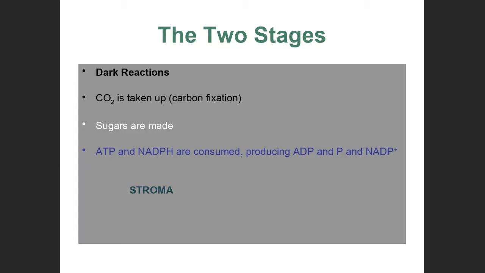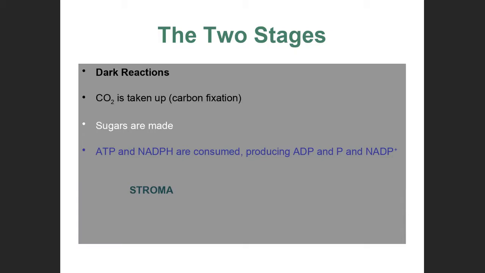dark reactions. And we have another one that we call light dependent reactions. The dark reaction does not mean that it happens in the dark or at night. It means it doesn't necessitate sunlight to happen, but it is very dependent on what happens in the light reaction, the reactions that depend on the sunlight.